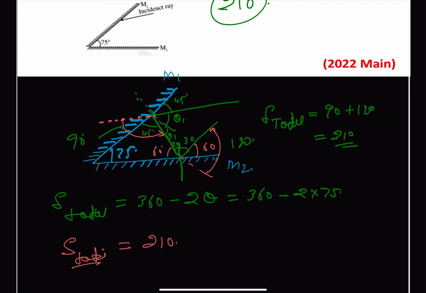Because we have this 60 and this is also 60, so total 180, and so we are going to get this as 120, I think. Yeah, so this is good.